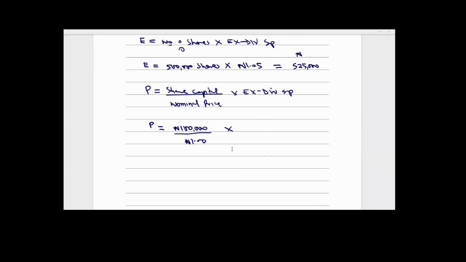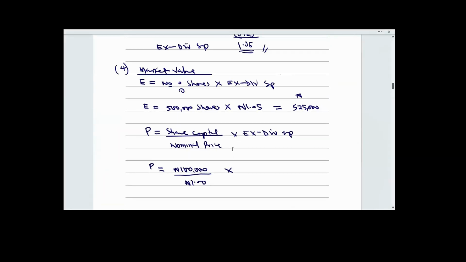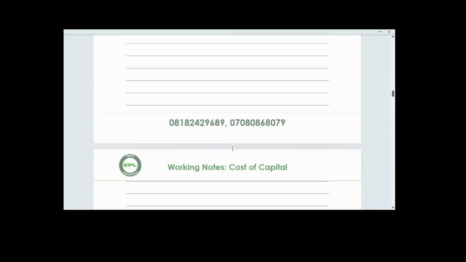Okay, so let me go and do the working. That will be working number 5. See the way we are flowing? So one step will lead to another. I want to calculate XDIV, X dividend, share price for the preference share.